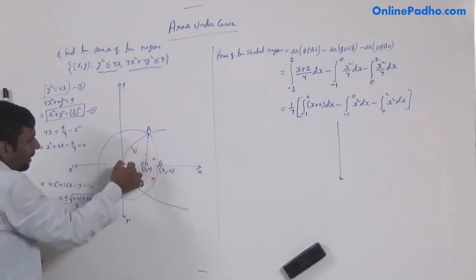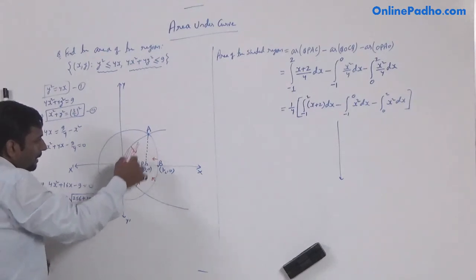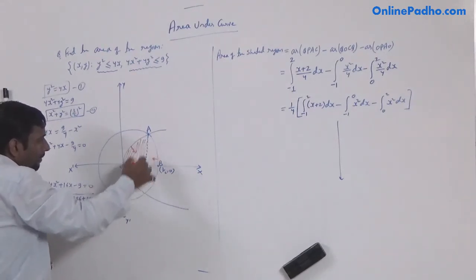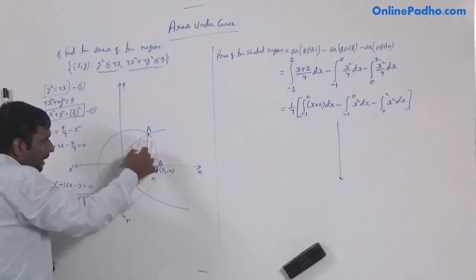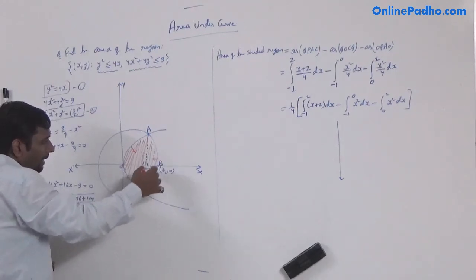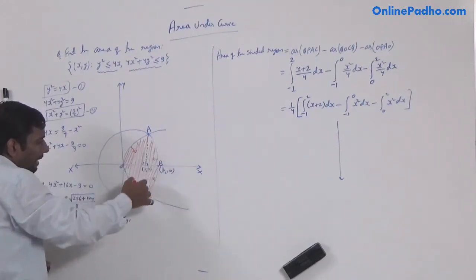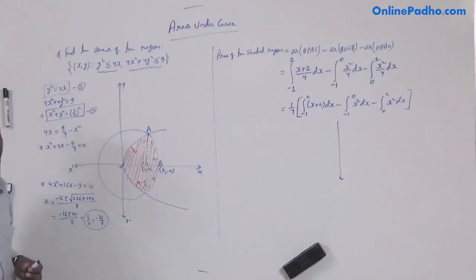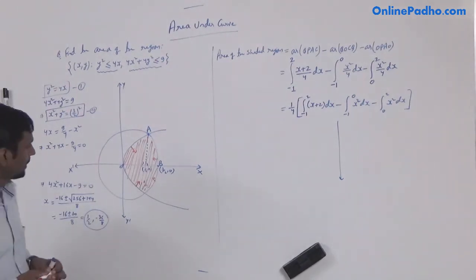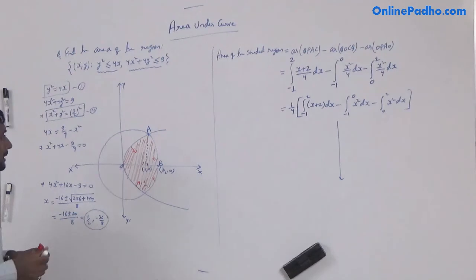So what is the combined complete region? This is the region which we have to find. We have to find the area of this complete region, right? So now we can divide this region into 2 parts.